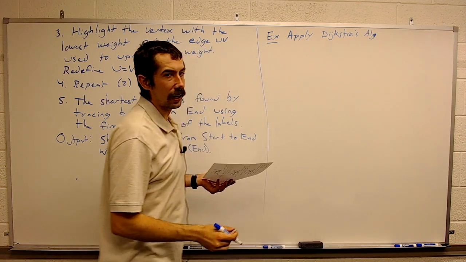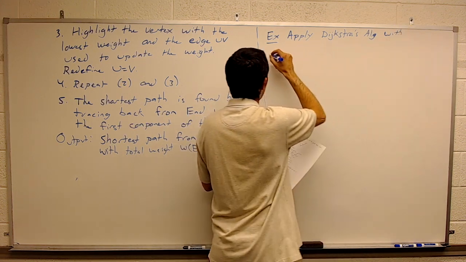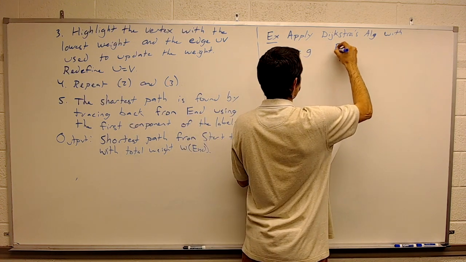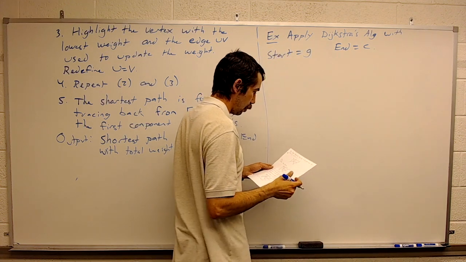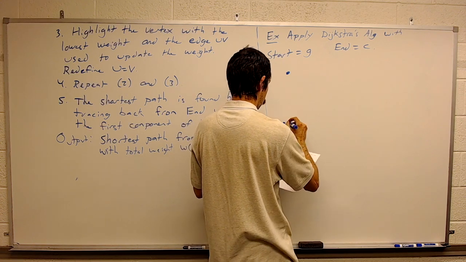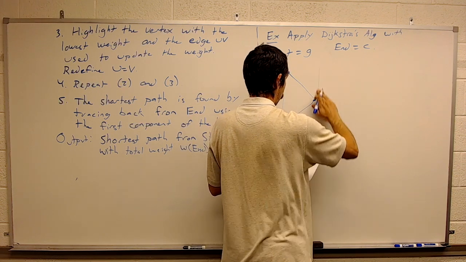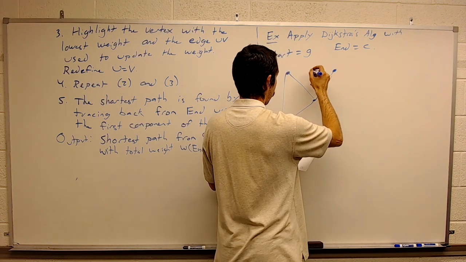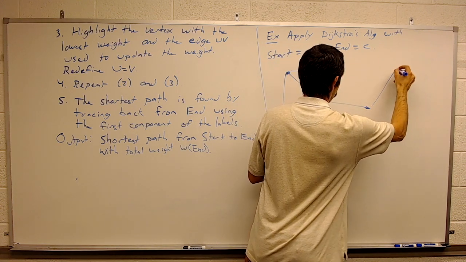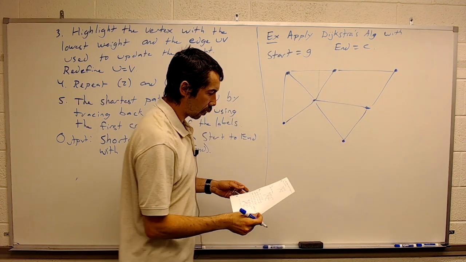All right, so we're going to apply Dijkstra's algorithm with start equal to the vertex G and end equal to the vertex C. All right, and let me give you the graph. All right, here's our graph.